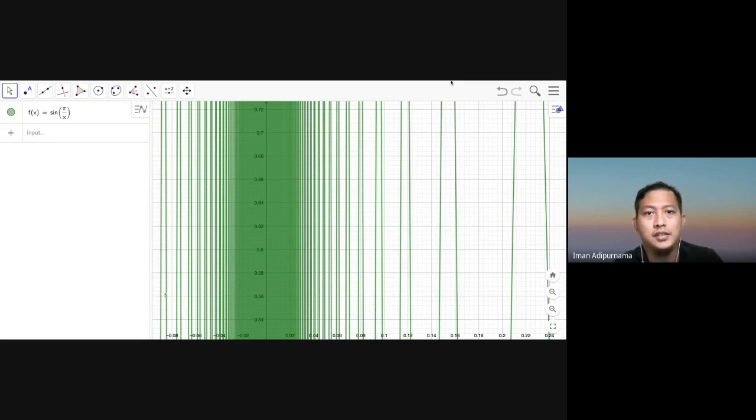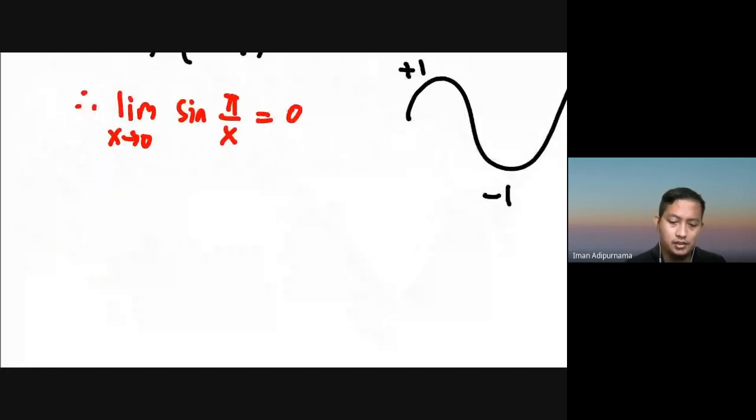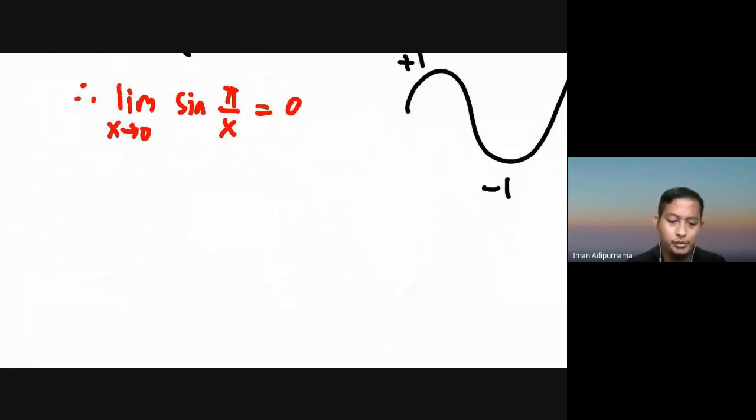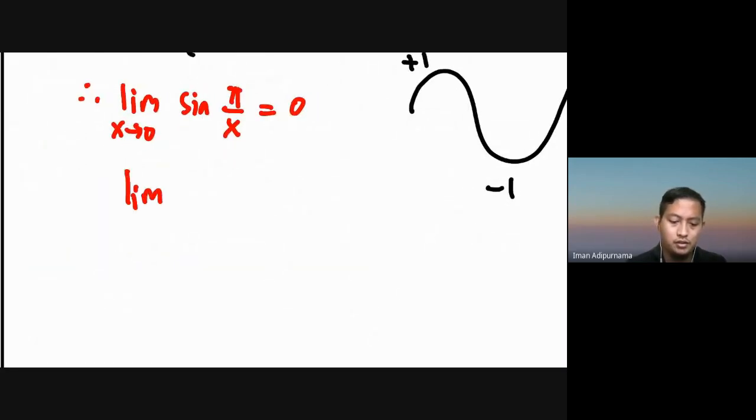Okay, well, let's go back to our notes. So still, it doesn't have any limit. So the limit doesn't exist. So this limit doesn't exist.